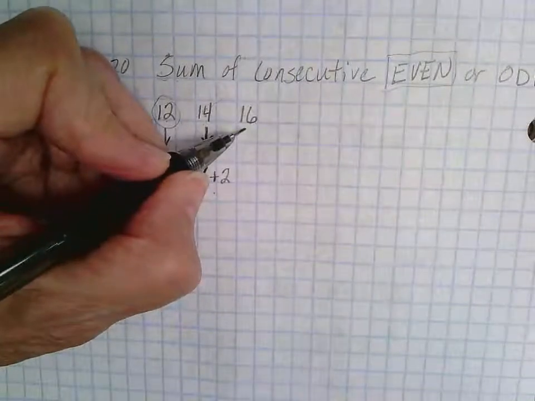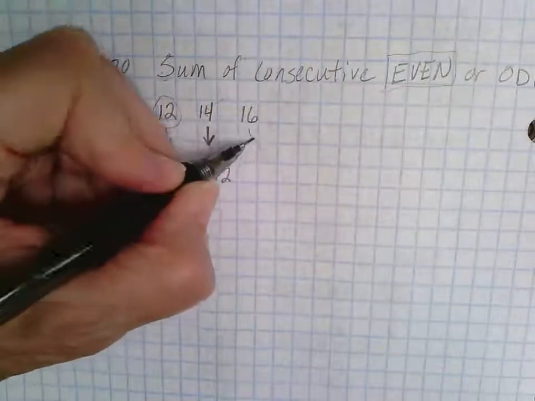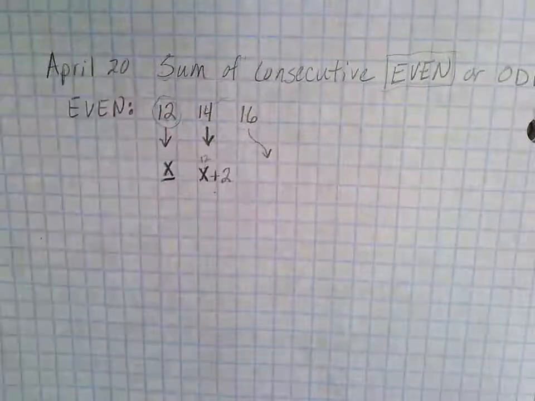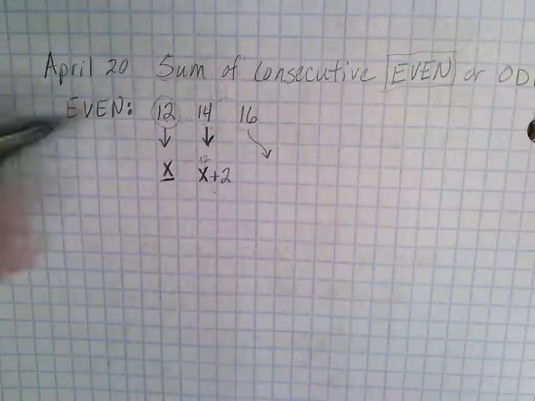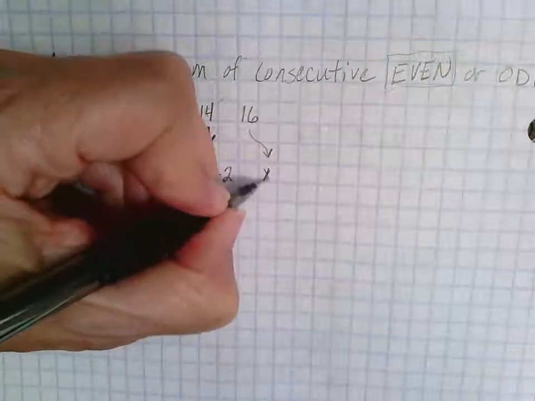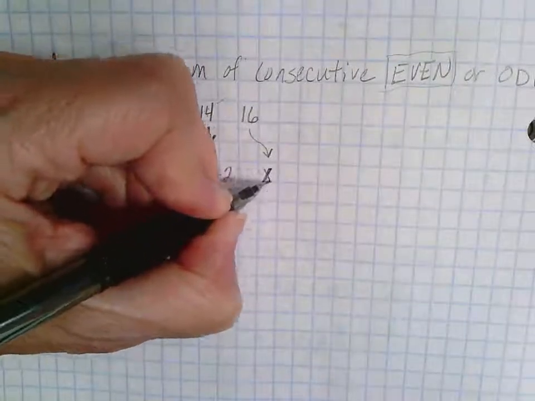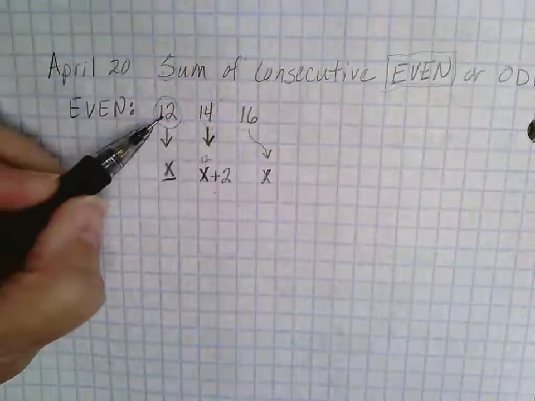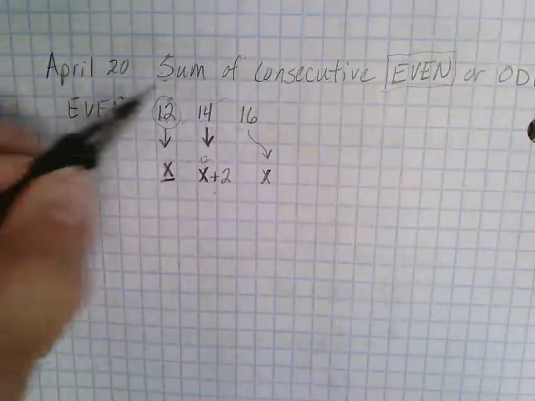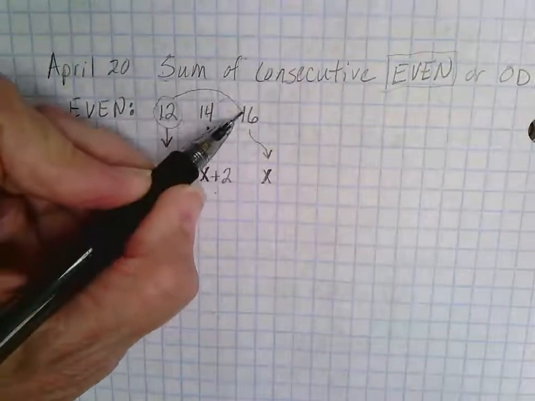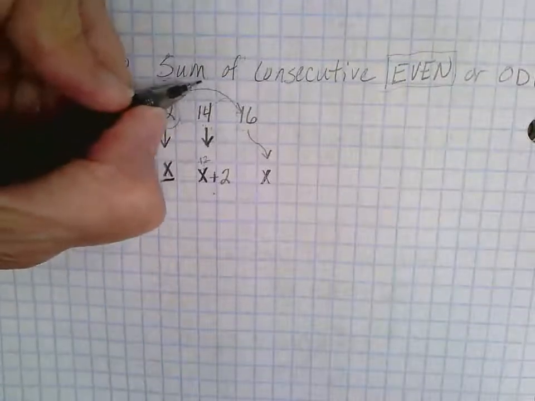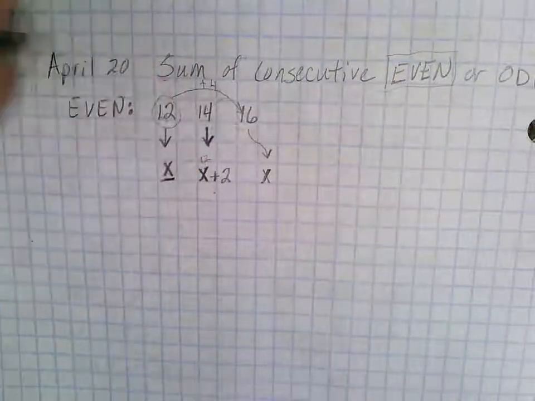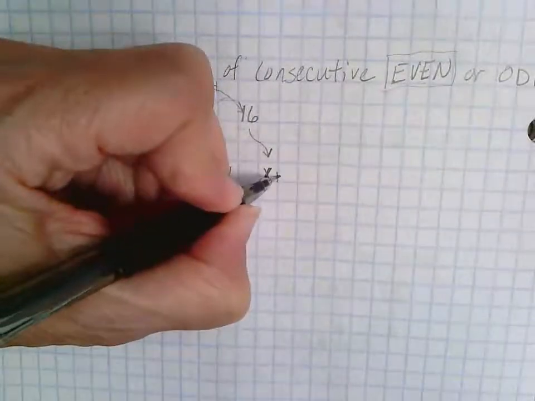So how would I represent my 16 then? Well, there's a couple different ways you can think of that. Again, going back to your x, you can say, well, what would I need to add to 12 to get all the way over to 16? Well, 12 plus 4 gives me 16.